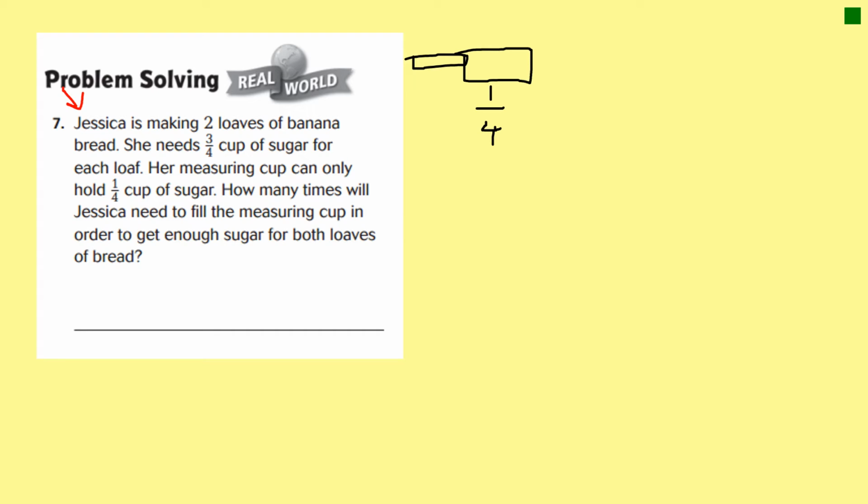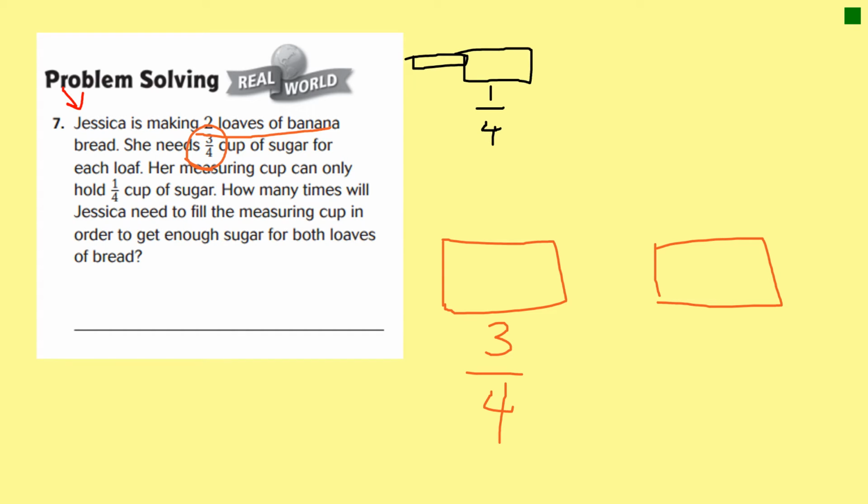Do we need to reread on that? Yeah, and I'm going to do some writing as I go here too. All right. So Jessica's making 2 loaves of banana bread. So here they are. 1, 2. Check. She needs 3/4 cup of sugar for each loaf. So this loaf needs 3/4.